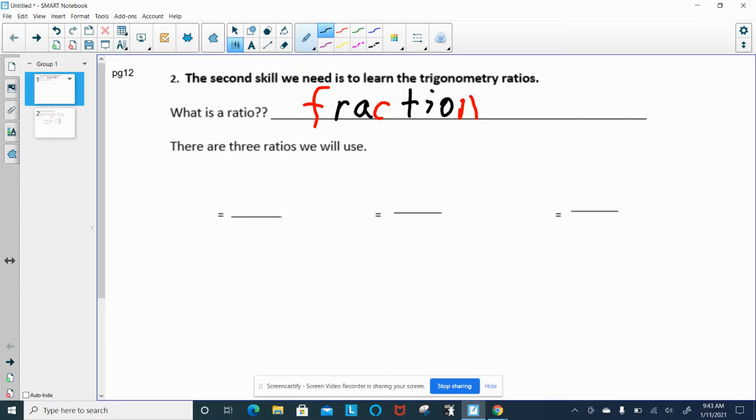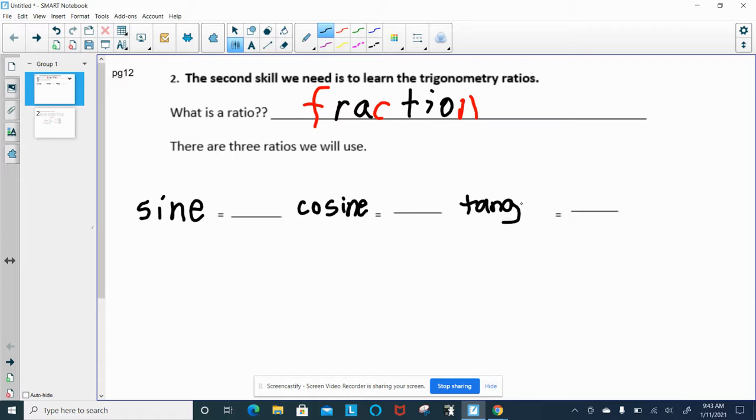Now in trig, there are 3 ratios we will use. There's the sine ratio, there's the cosine ratio, and there is the tangent ratio.